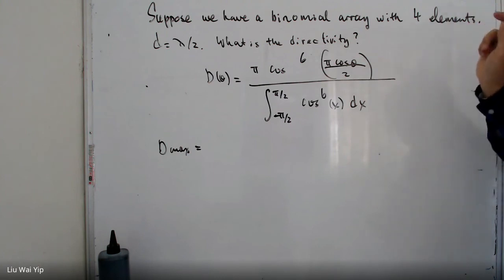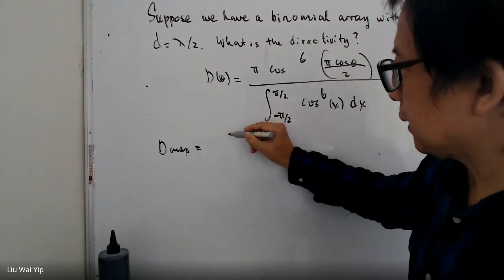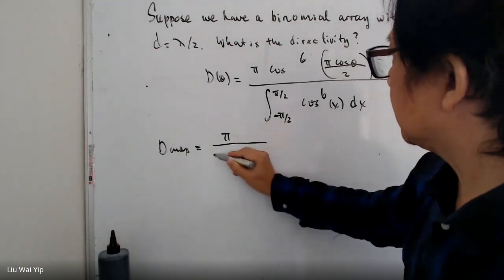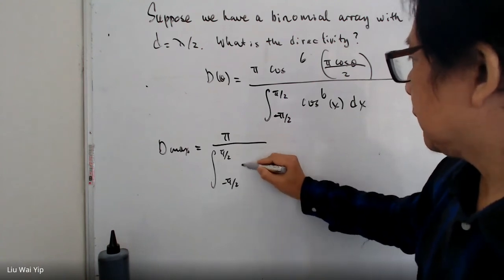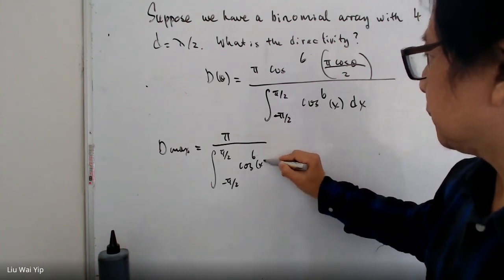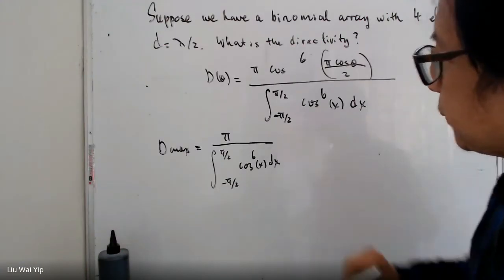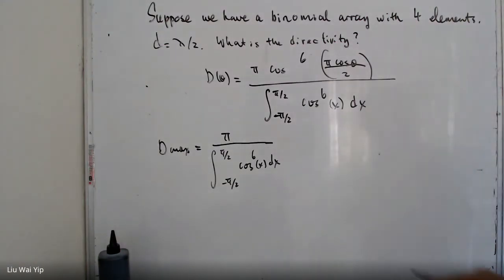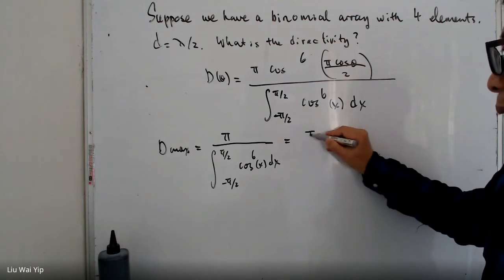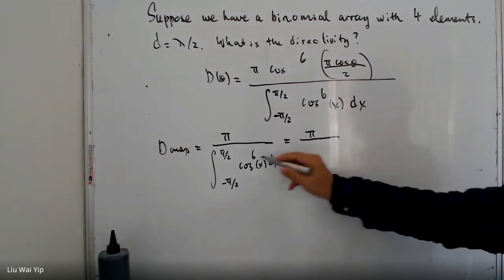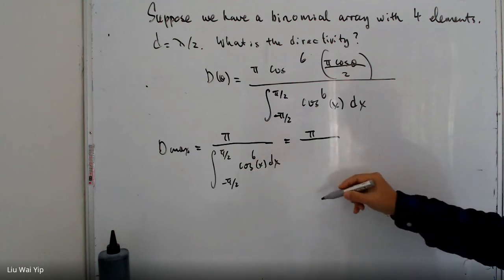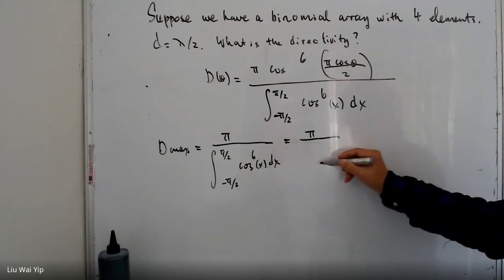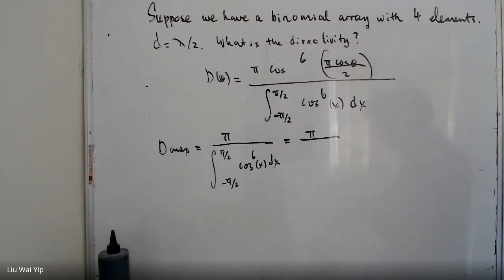Yeah, the maximum value has to be 1. So D max here is equal to pi over 2 cos dx. According to some internet resources, we know this value is going to be... we need to find out. Just a moment.